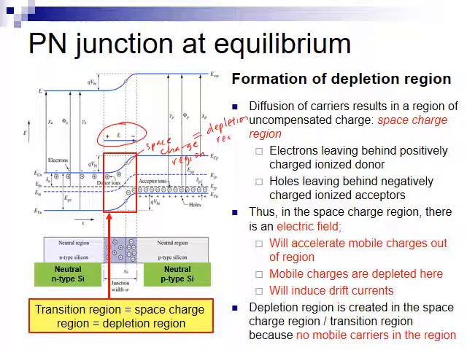We take the assumption that there are no mobile carriers in the region, thus the region is also known as depletion region. So in short, when we talk about the junction, it is at the boundary of N side and P side, which is known as transition region or space charge region or depletion region.